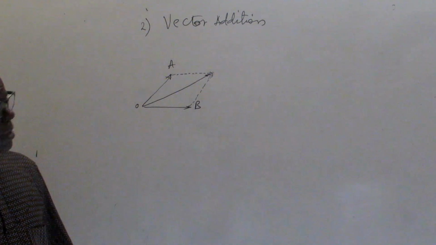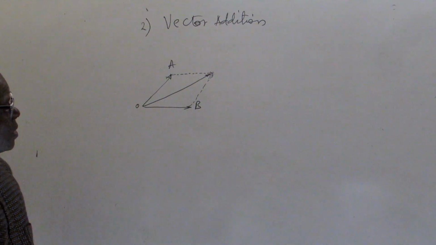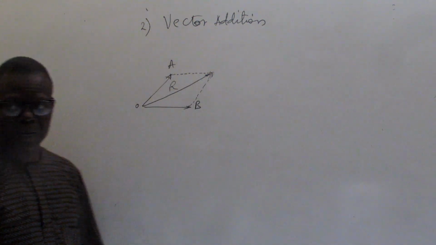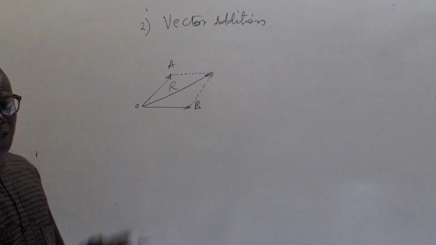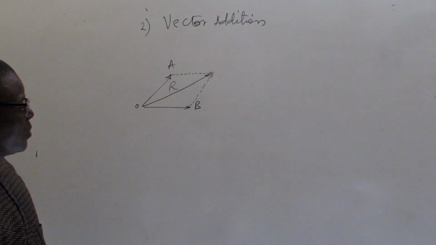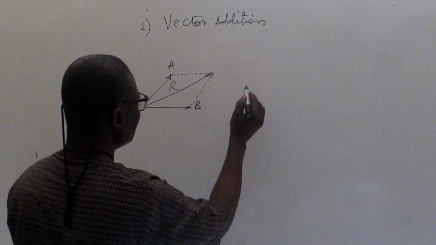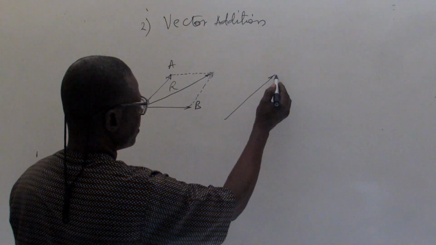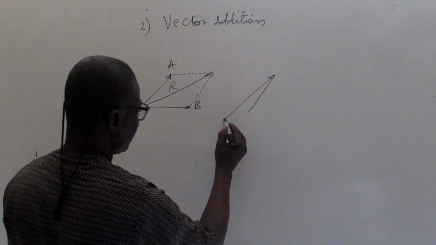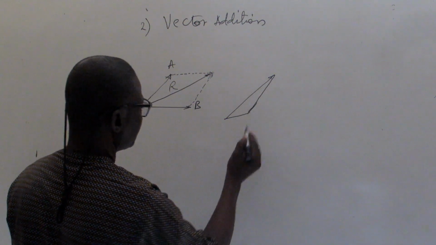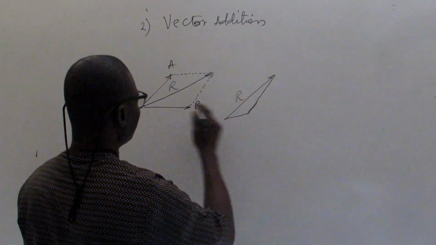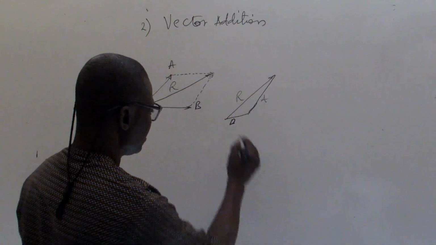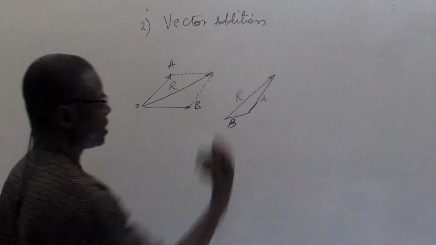From here, you draw a line which forms the resultant of these two forces. You are adding the forces together. So this forms the resultant called R. That is the resultant of the addition of these two forces. So from here, we have this as the resultant, this represents our A, and this one is our B. This forms a triangle.